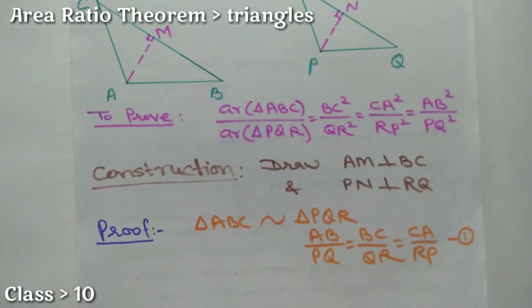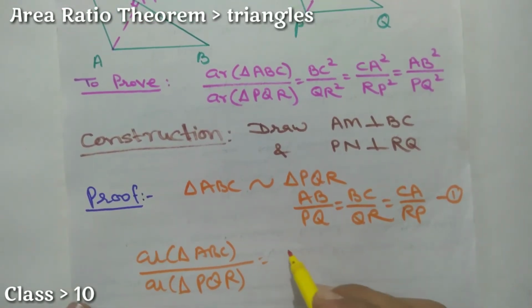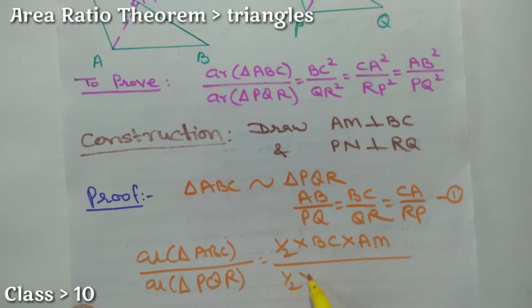I also know that area of triangle ABC upon area of triangle PQR is equal to, as we know that area of a triangle is half into base into corresponding altitude. So in triangle ABC, half, if I take base BC, then the corresponding altitude is AM. And in PQR, half, if I take QR as base, then the corresponding altitude is PN.